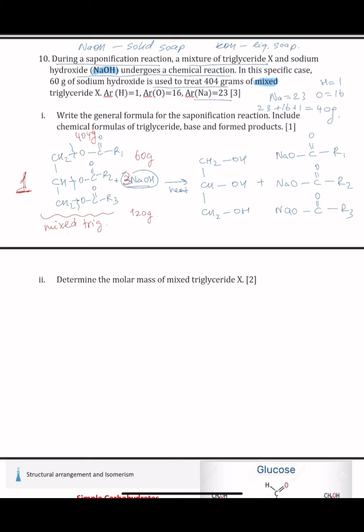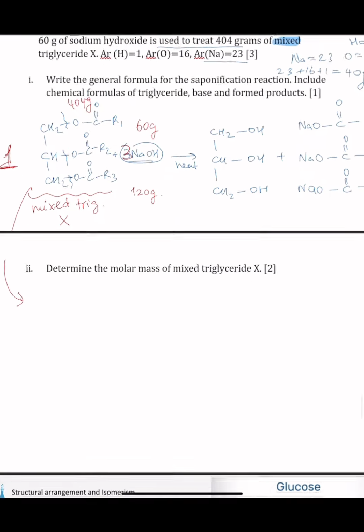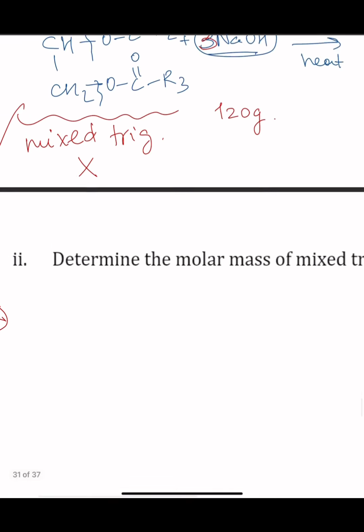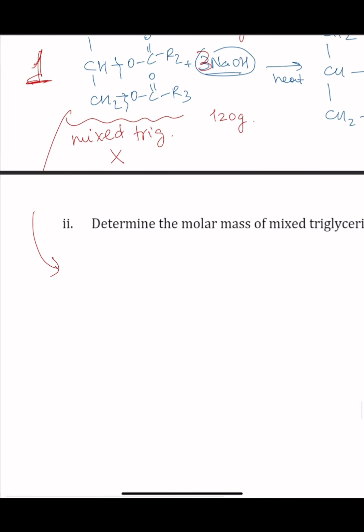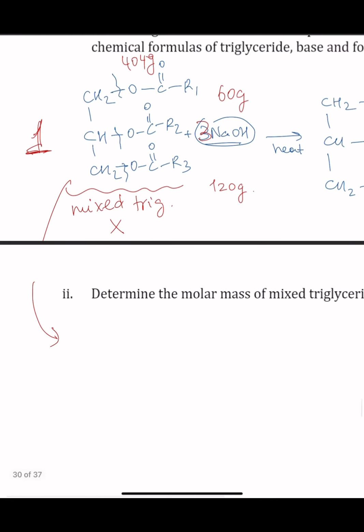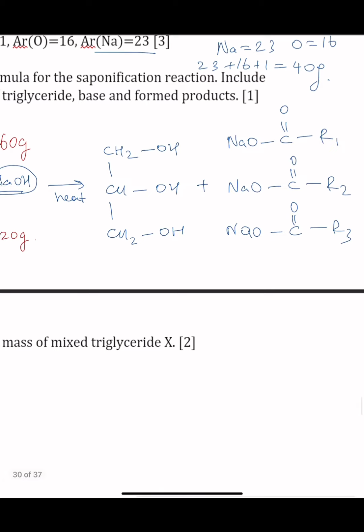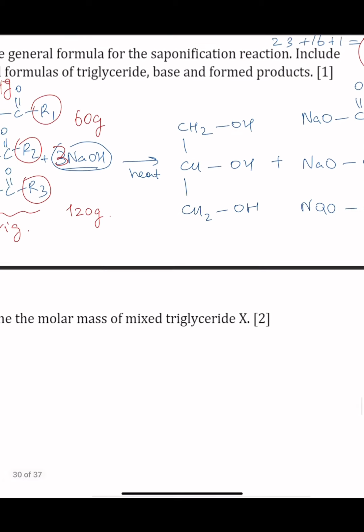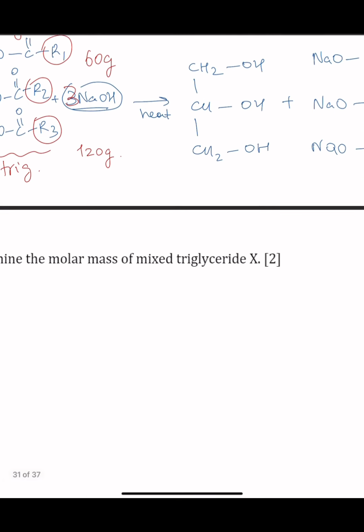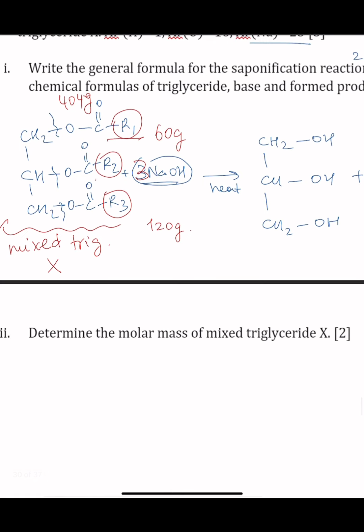And you can find the molar mass of this. The way you will do it, look here at the bottom. I don't know the molar mass because I don't know the R's, right? I can't figure out, just like I did for sodium hydroxide where I put the elements and figured out the molar mass. But because I don't know the R's, I'm going to do it like this.